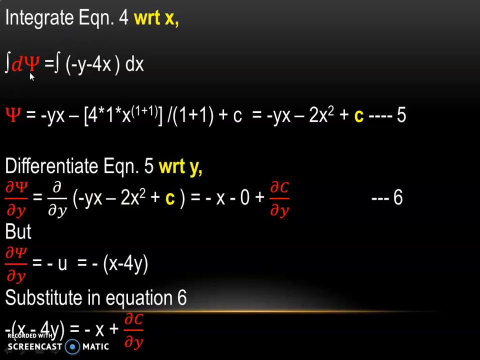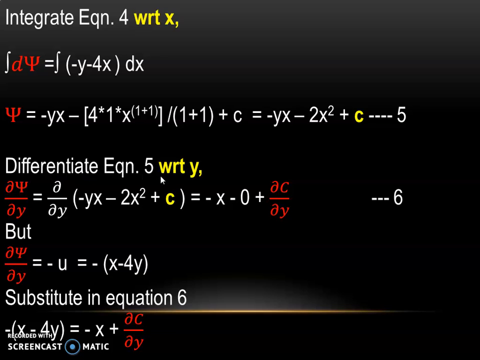So integration of d psi is equal to integration of minus y minus 4x dx. So psi is equal to minus yx minus 4 into x raised to 1 plus 1 divided by 1 plus 1, plus constant c. Finally we get minus yx minus 2x square plus c as equation number 5.